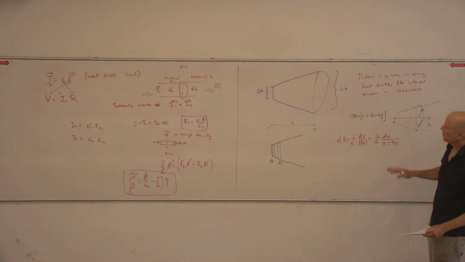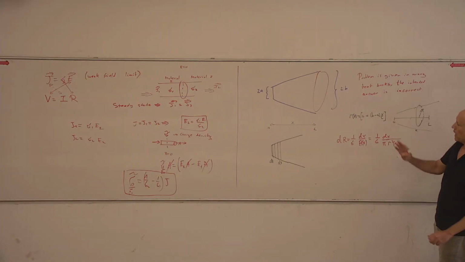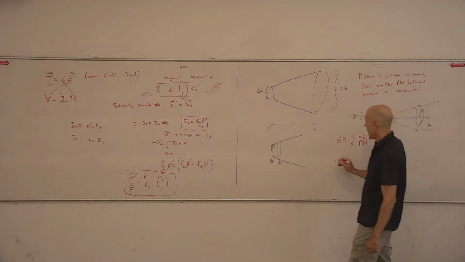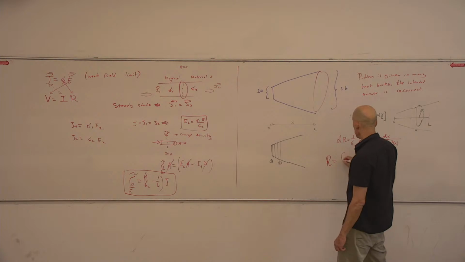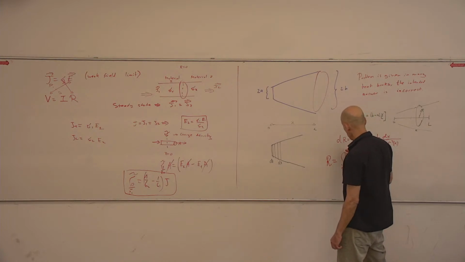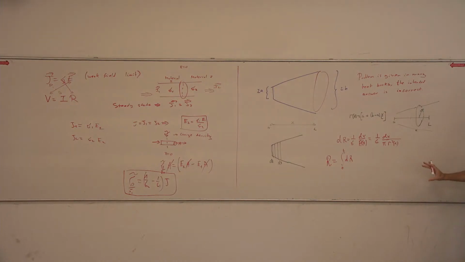That's it. This is dr. Now, in order to add them in series, I want to calculate R. I need to integrate dr. This is the meaning of sum dr1 plus dr2.